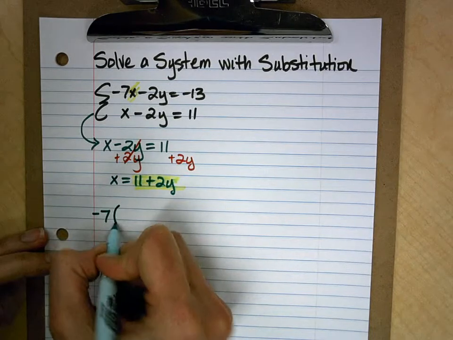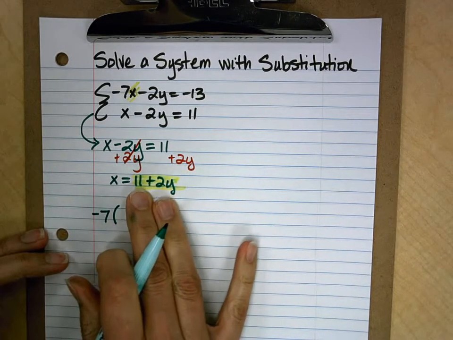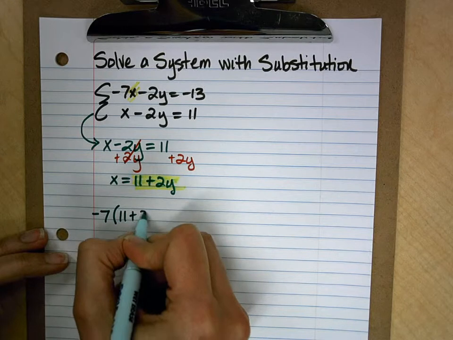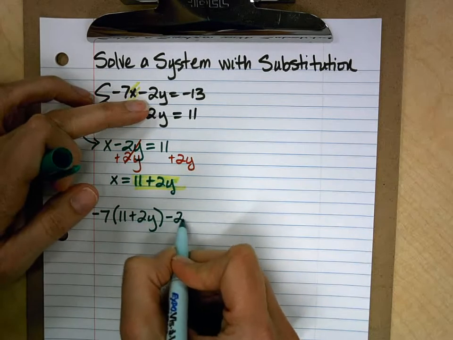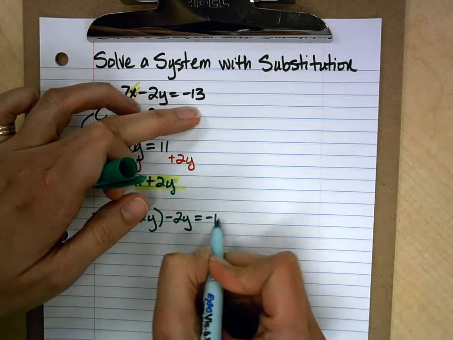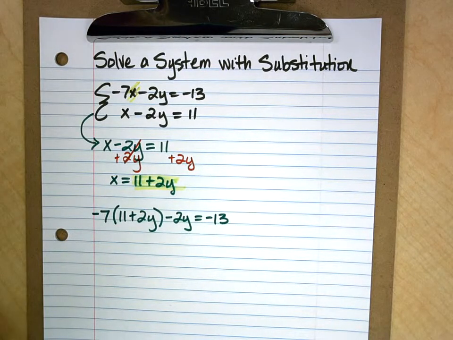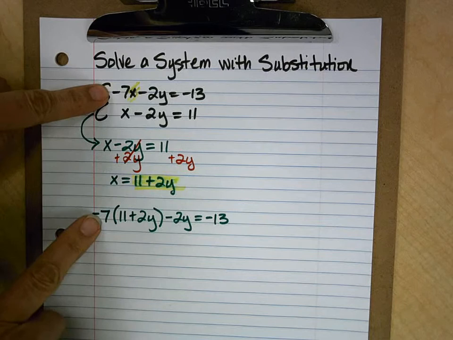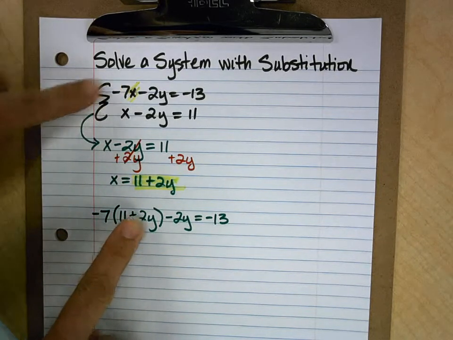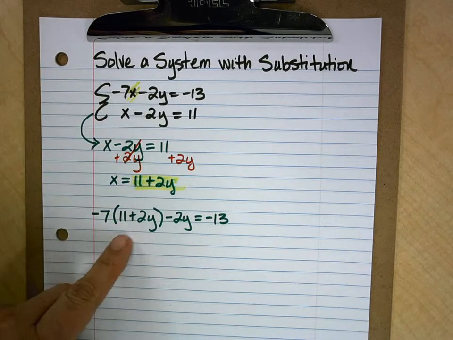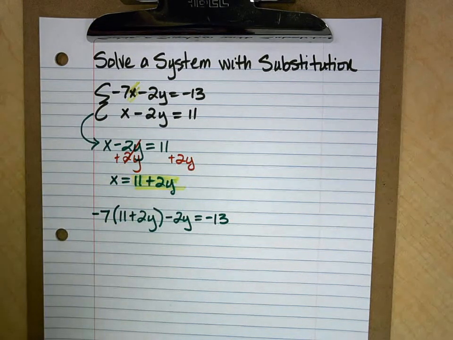Negative 7 times this, because this is now replacing my x. 11 plus 2y, finish the equation, minus 2y equals negative 13. See, those are the exact equations, but I substituted 11 plus 2y for the x. This was multiplication, so this is multiplication.